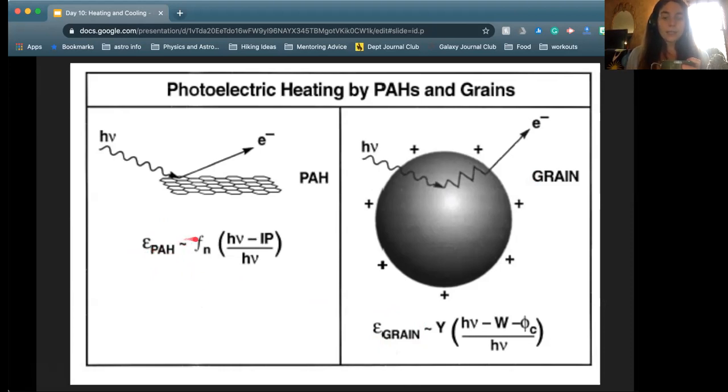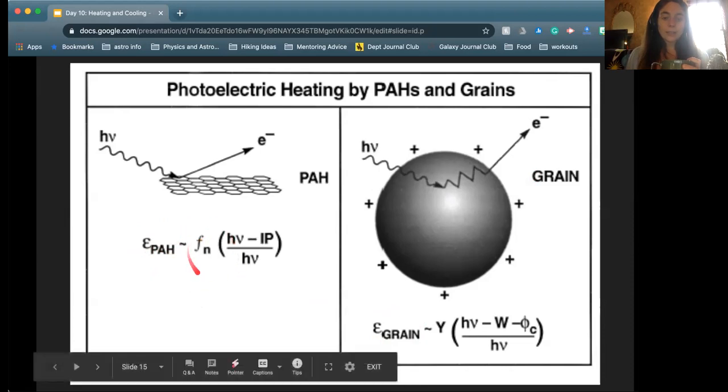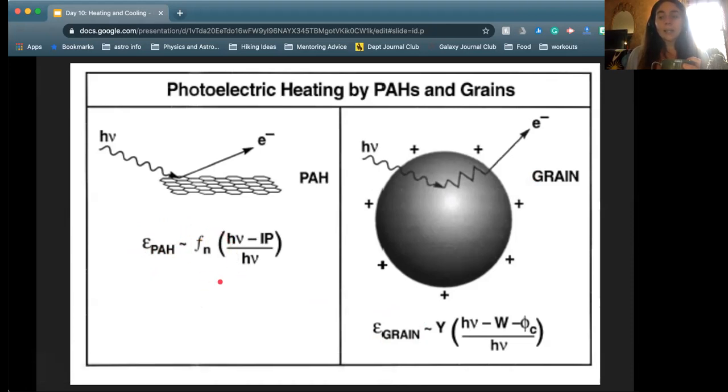And for PAHs, it's going to equal, this is a fraction based on how much of the light from a star is high enough energy to eject electrons. And then here we can see this is the ratio of the energy that ends up ejected into the ISM, the kinetic energy of our electron, and the energy of the light that was absorbed.